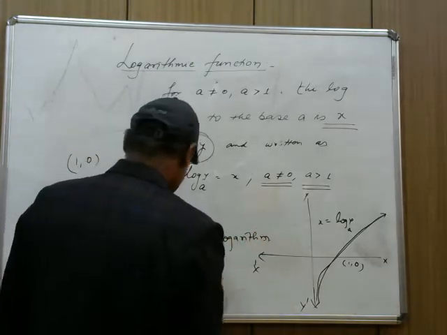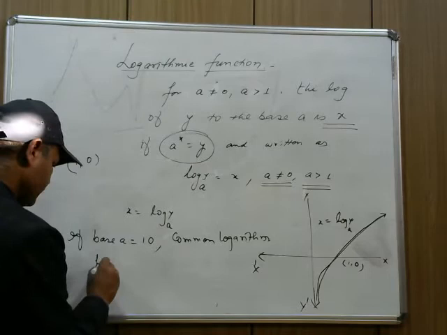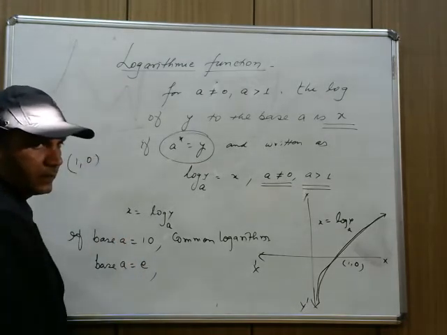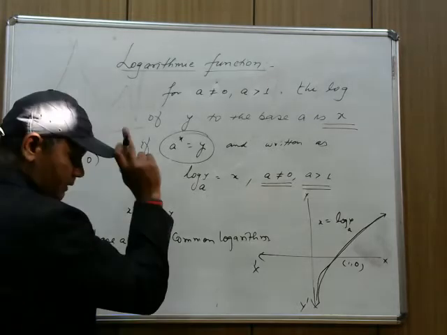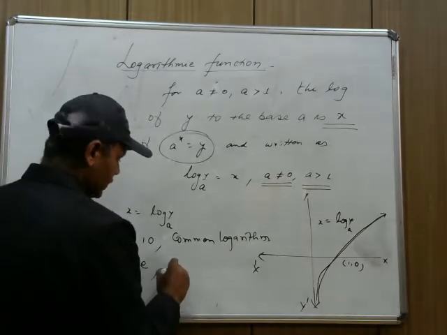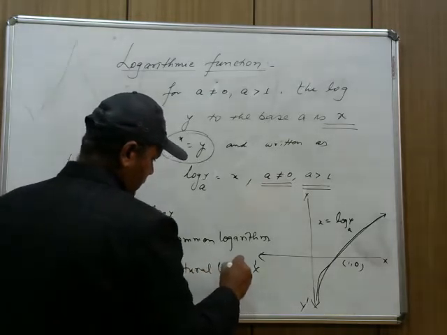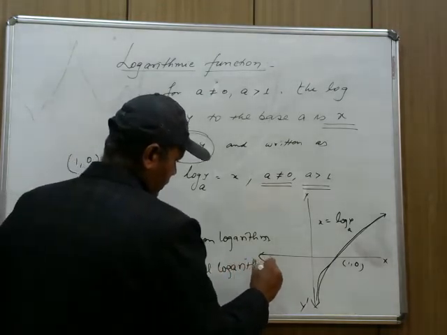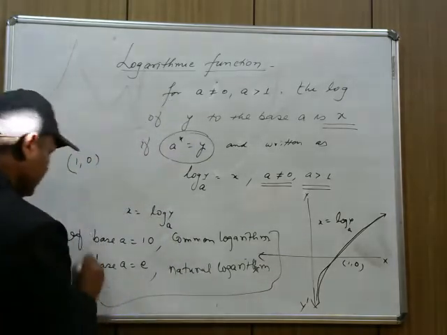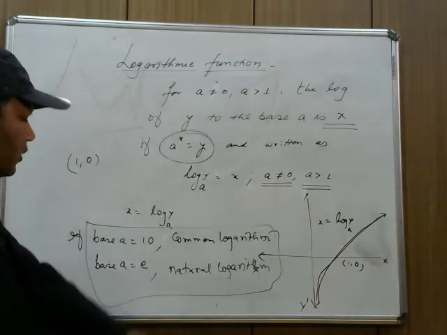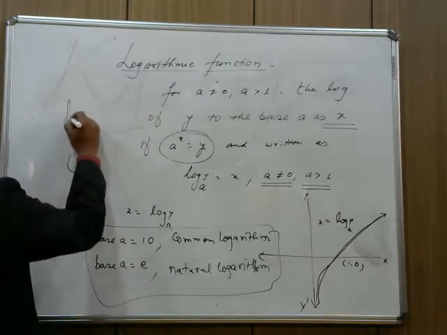When the base a is equal to e, the exponential function e, then it is called natural logarithm. Generally, the natural logarithm we denote by ln also.